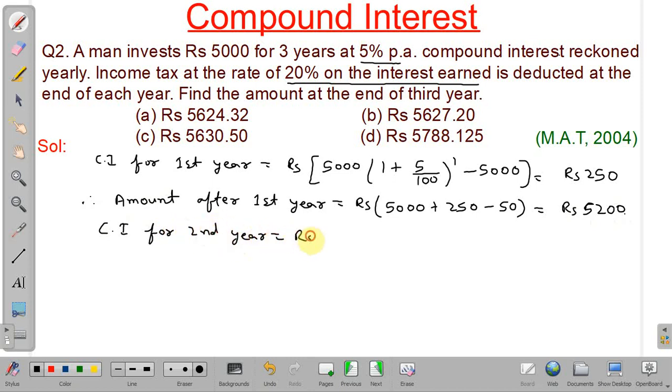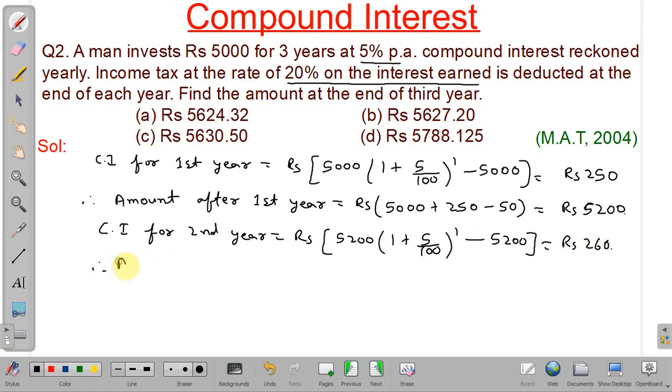It will be equal to rupees 5,200 into 1 plus 5 by 100 to the power 1 minus 5200, and this we will get as rupees 260.